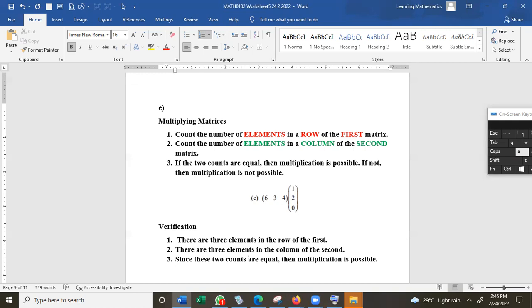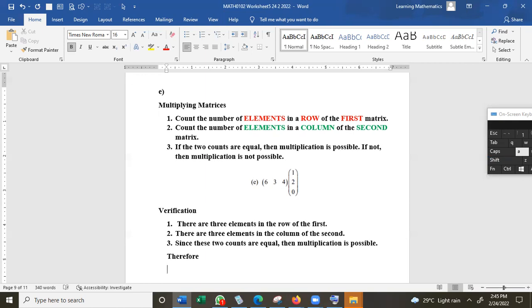And this is very important because multiplication of matrices involves a product sum. You multiply and add, because you have to multiply each corresponding element in the row of the first by its corresponding counterpart in the column of the second.